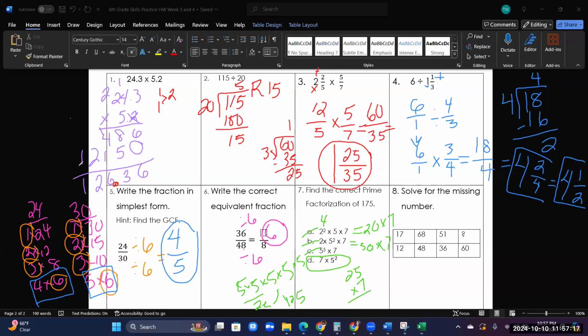All right, 8, solve for the missing number. As always, try to find a pattern. So let's see. Is there a known pattern? Like times 4, took away 12.